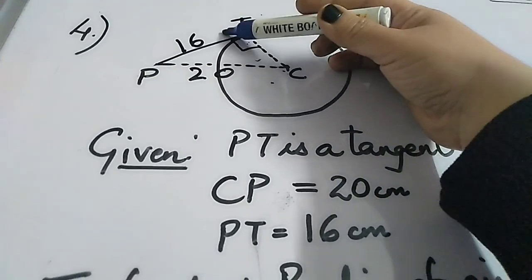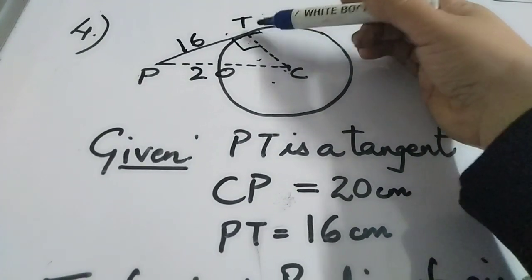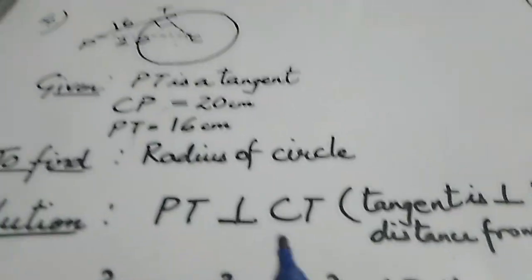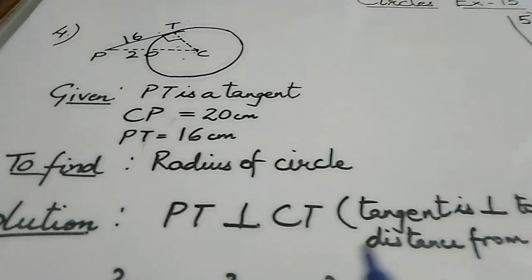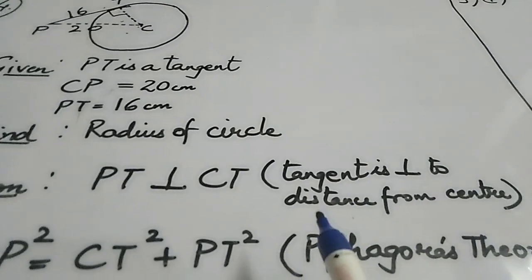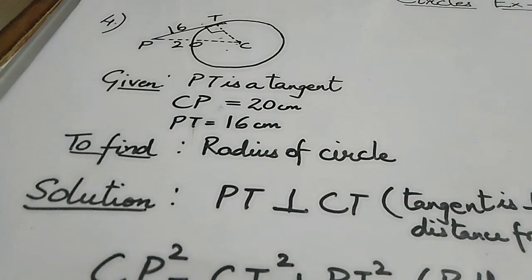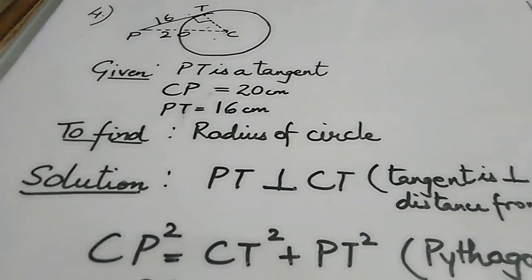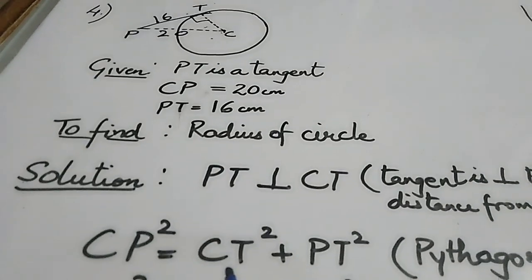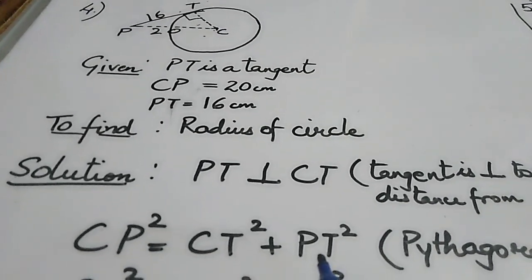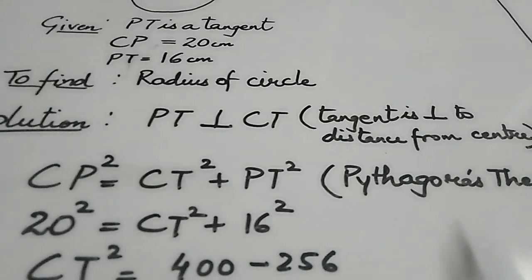So 16 square plus CT square is equal to 20 square, perpendicular square plus base square. PT is perpendicular to CT because the tangent is perpendicular to the line from the center. Now CP square, the hypotenuse square, is equal to CT square, where CT is the radius, plus PT square, according to Pythagoras theorem.